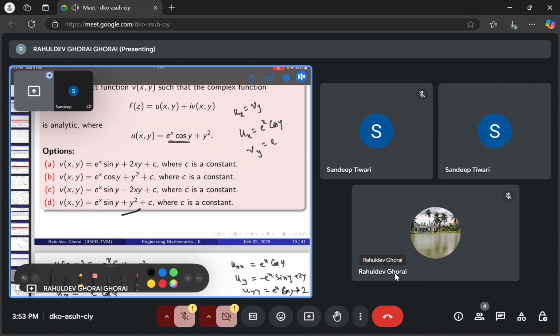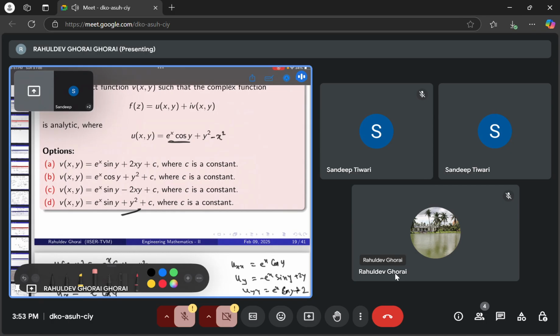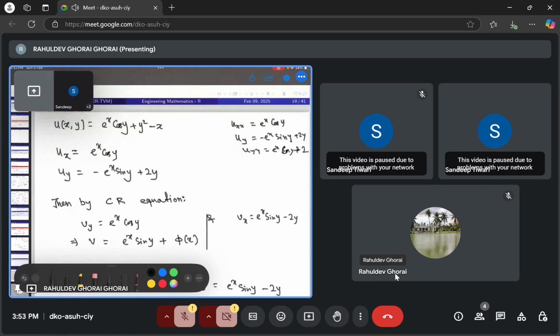So if you do that, what will be the answer? Let's say I take y square minus x square. Okay, so all the things will be okay here. I will be writing y square minus x square.